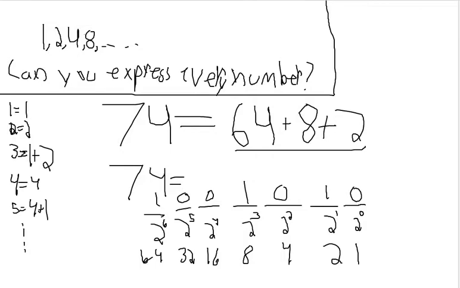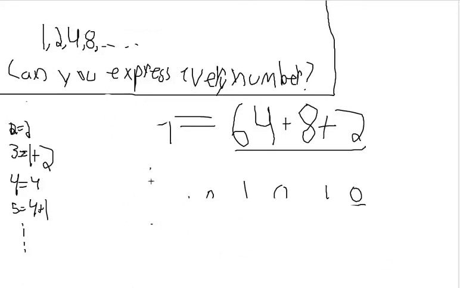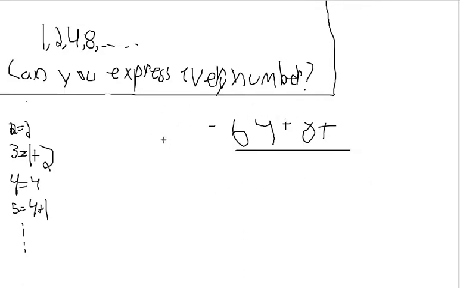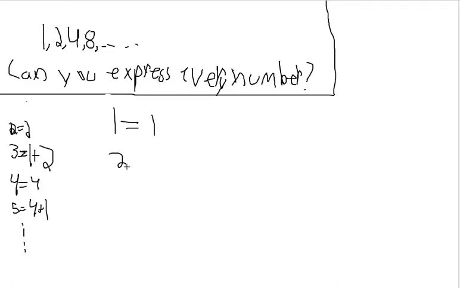So for example, 1 is expressible in base 2 as 1, 2 as 10, 3 as 11, 4 as 100.